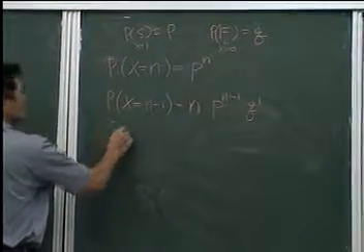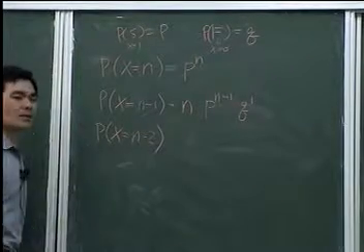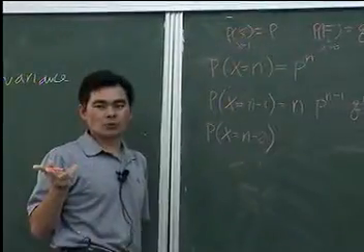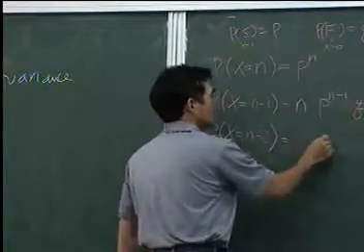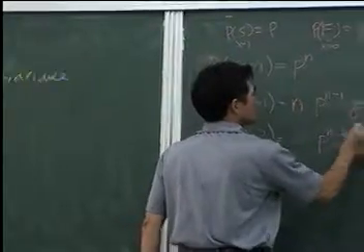If x is equal to n minus 2, what does that mean? You get n minus 2 successes and 2 failures. So the same thing here, you have p to the n minus 2 times q squared.